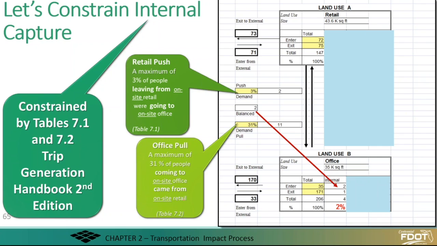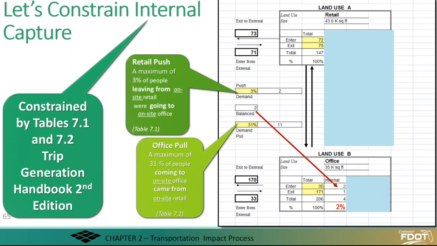In order to get this data, you can't just count cars. You've got to talk to people as they're coming in and leaving stores. And that's very difficult. So in this case, you run the calculations again with the 75 exiting and the 35 entering, and with these constraints put on it, you really only get 2 trips.